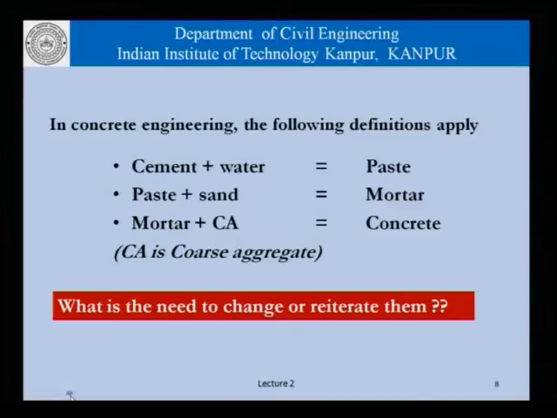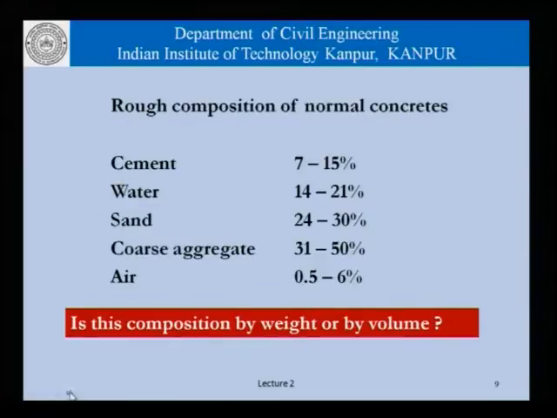Now, roughly speaking, as far as normal concrete is concerned, cement is about 5 to 15%, water is about 14 to 21%, sand is about 24 to 30%, coarse aggregate is about 31 to 50%.